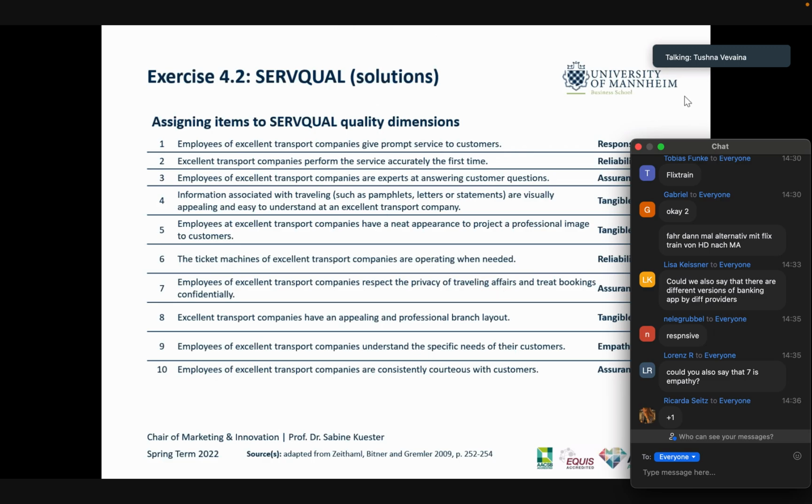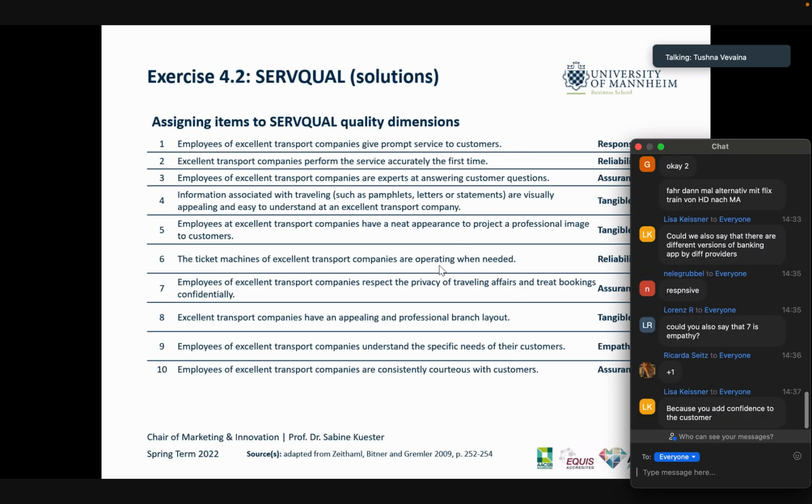Any hands up? Yeah, Julie? Yeah, I don't understand how 3 is not reliability, because in this case, you offer an expert answer, so the company is reliable, right? So isn't it more reliability than assurance? We think of it more in terms of, okay, you're assuring a customer about something related to the service.